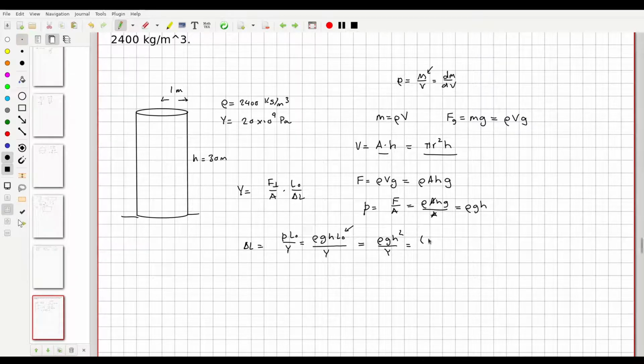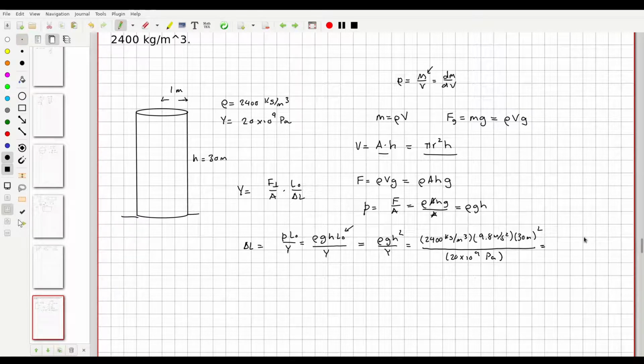So my density is 2,400 kilograms per cubic meter. g is 9.8 meters per second squared. H is 30 meters. And Y is 20 times 10 to the 9th pascals.